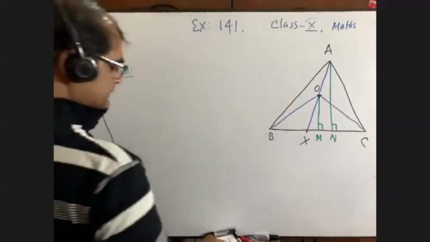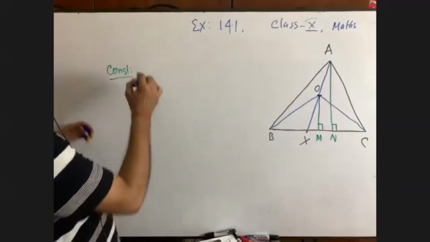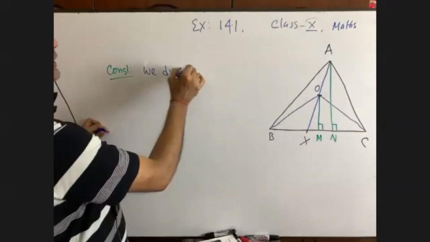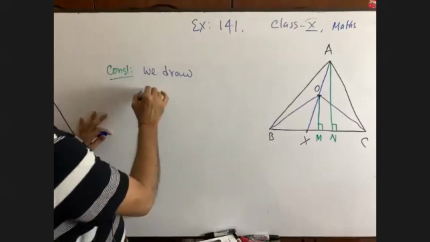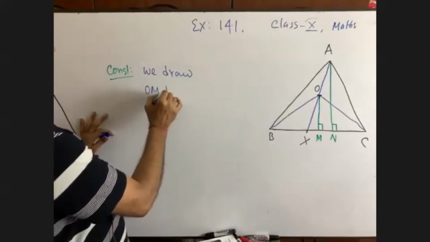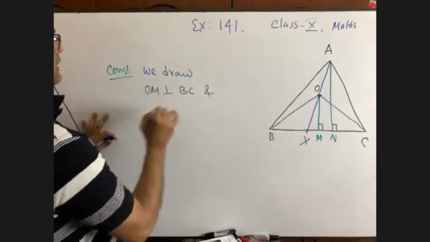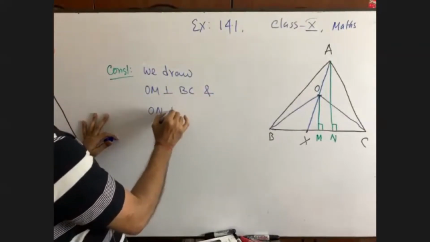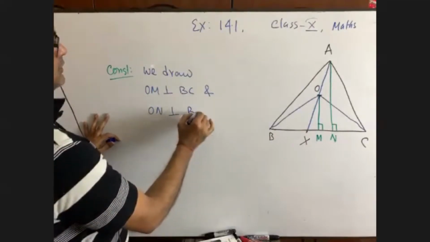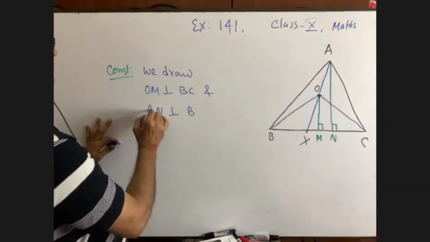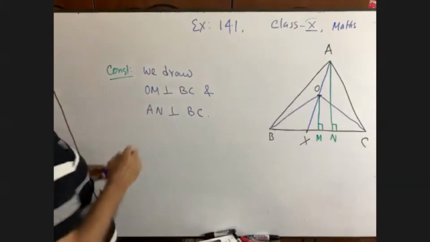We draw OM perpendicular to BC and ON perpendicular to BC, and AN perpendicular to BC.